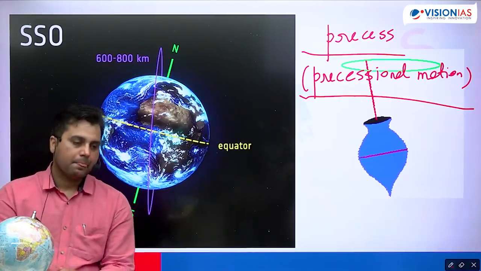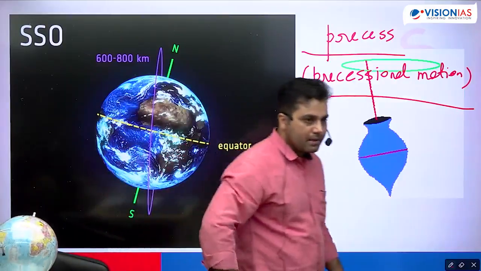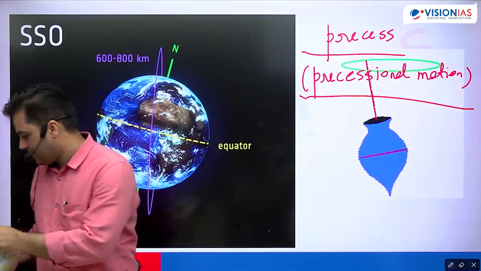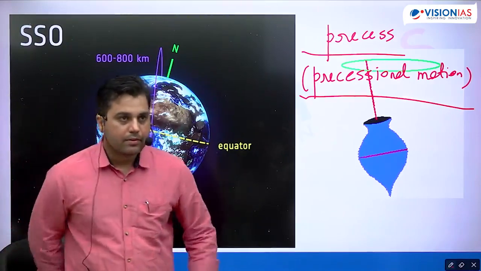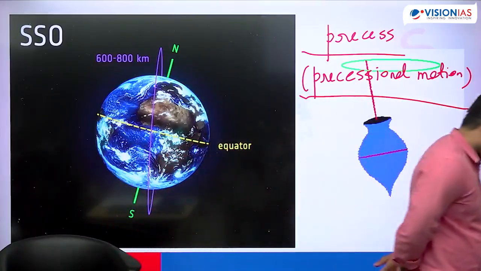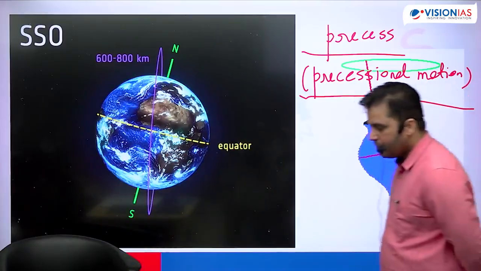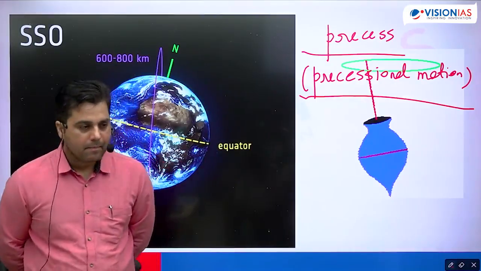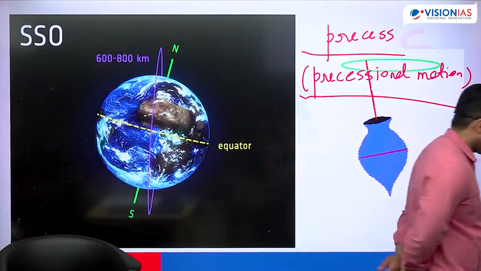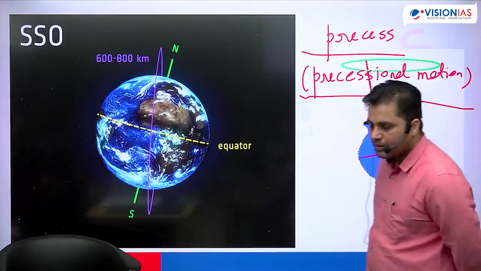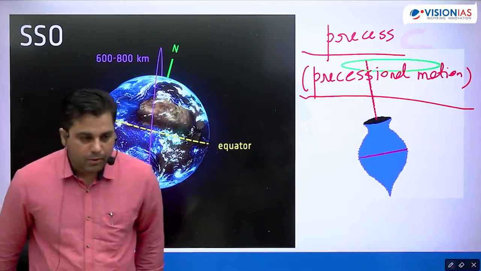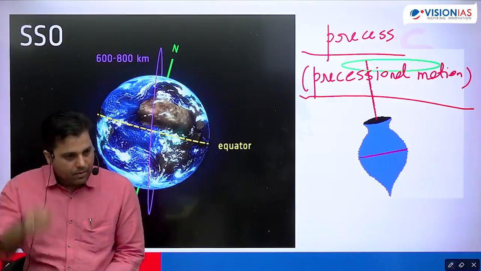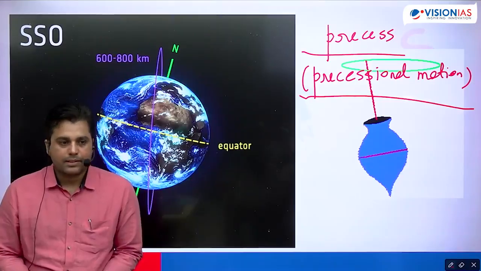so that orbital precession cancels out change in Earth's position around Sun due to Earth's revolution, for the satellite's orbit.